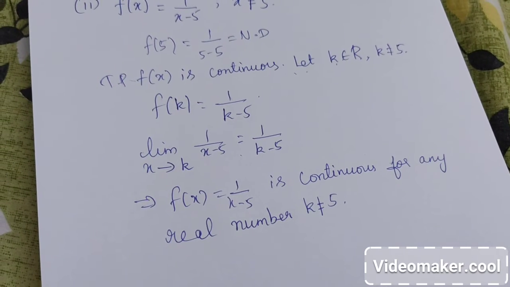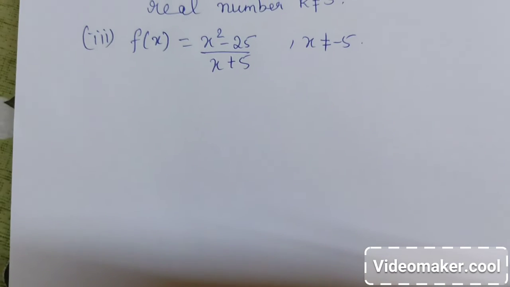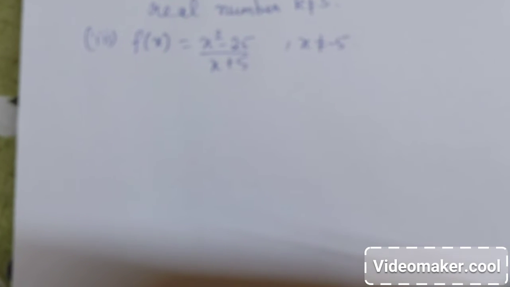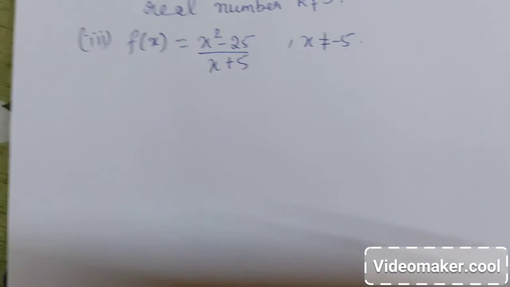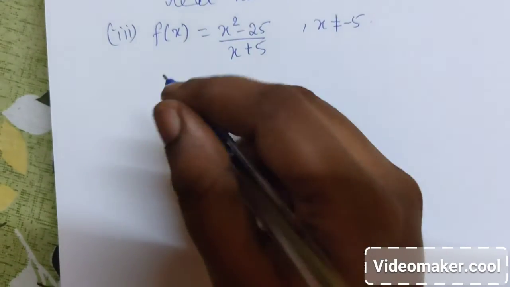We will do the third subdivision. So this is the third subdivision. Again, here we have to check the continuity of the function. To check the continuity, we will choose any real number.